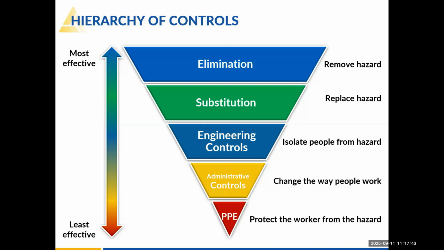We're going to slightly shift back to identifying hazards in the workplace. And when we do that, we have to have a systematic process in order to evaluate. And then once we have the hazard, take these necessary steps from most effective down to least effective in what's called the hierarchy of controls.